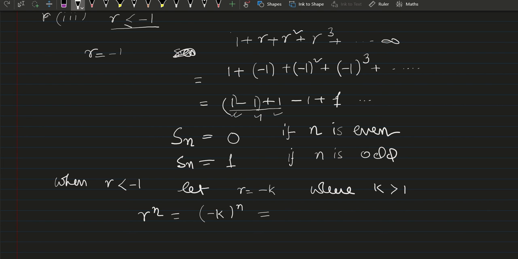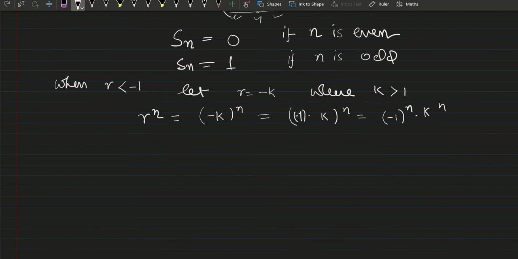So minus k to the power n is equal to minus 1 to the power n into k to the power n.